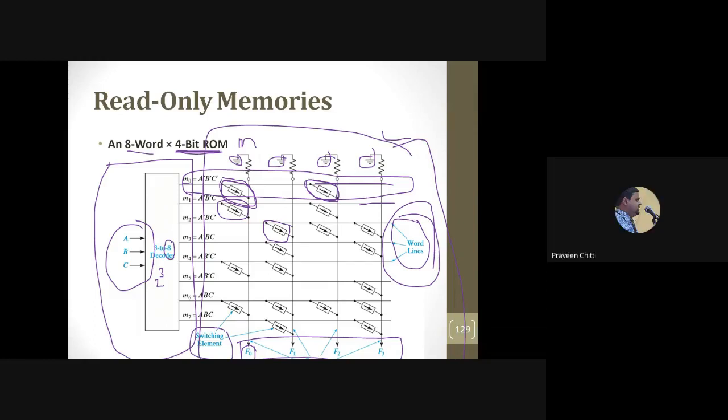What is F1? Summation of 2, 3, 4, 6, 7. F2? Summation of 0, 1, 2, 6. F3? Summation of 2, 3, 5, 6, 7. These are the 4 functions we have implemented using an 8x4 ROM.